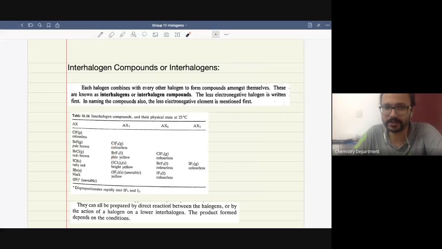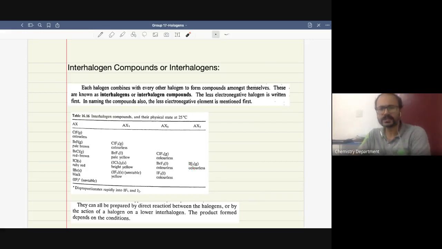Similarly, this is bromine trifluoride. In ICl3, I is the less electronegative, so it is iodine trichloride. Similarly, you have iodine trifluoride. Then for AX5, you will have chlorine pentafluoride, bromine pentafluoride, iodine pentafluoride, and then iodine heptafluoride, IF7.